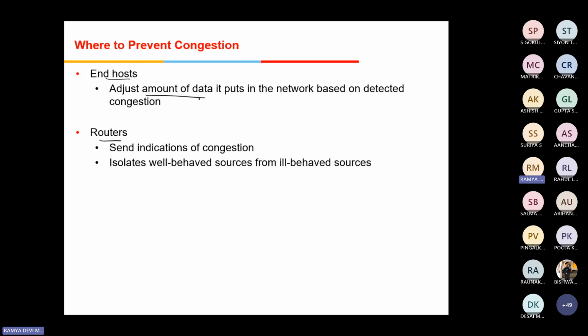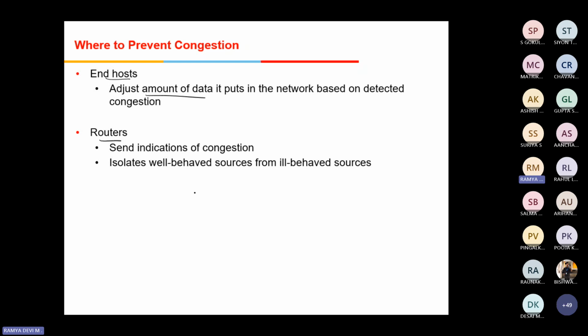A protocol like TCP has a built-in mechanism: it starts from slow start, then congestion avoidance, adjusting the window size to adapt the sending rate dynamically. But what if that is not happening? If it is ignoring that information, definitely the congestion cannot be prevented. So this approach is end-to-end, and it regulates the traffic before the congestion happens.